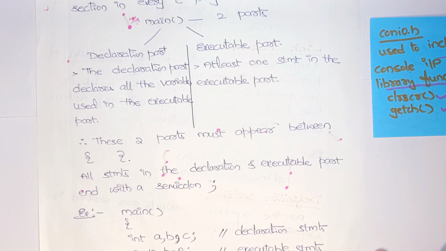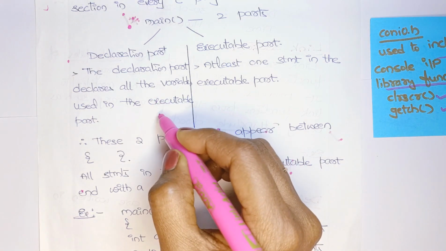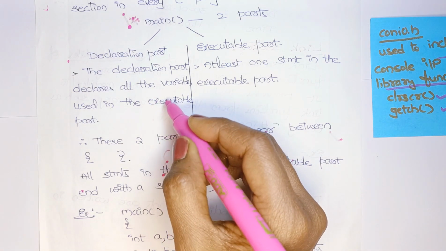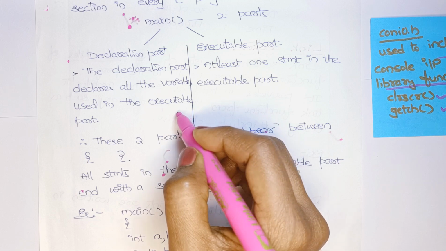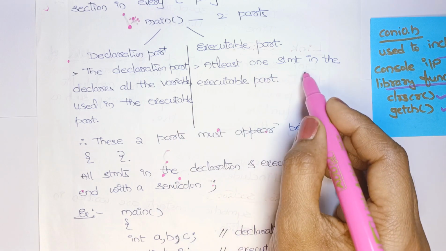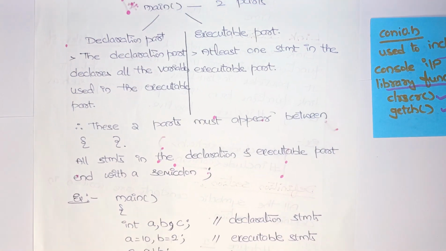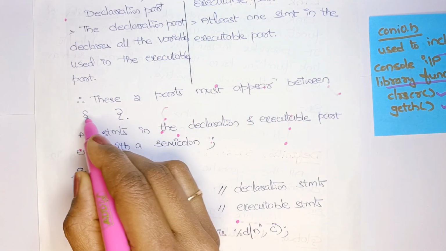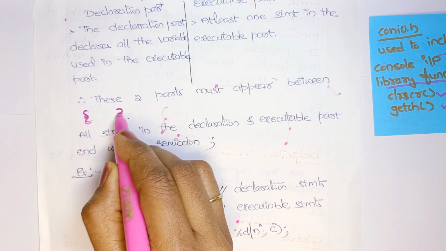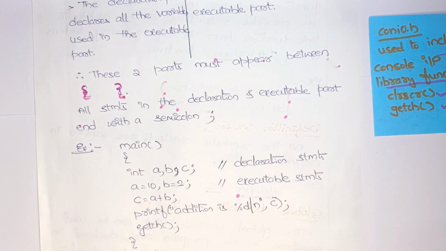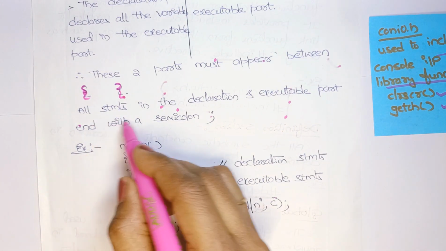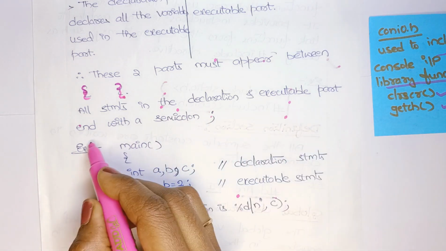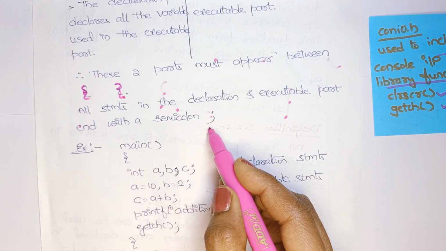The declaration part declares all the variables used in the executable part. Whatever variables you declare can be used in the executable part. The executable part means at least one statement. These two parts must appear between the main. After the main function, you need to write the open and close parentheses and flower braces. All the statements in the declaration and executable part end with a semicolon.